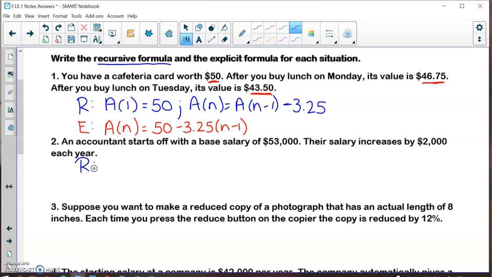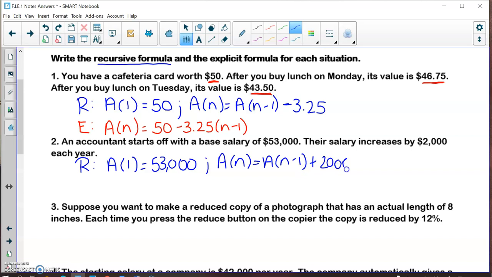So my recursive formula would be A of 1 is equal to 53,000, my starting value; A of n is equal to A of n minus 1 plus 2,000. My explicit formula would be A of n is equal to 53,000 plus 2,000 times n minus 1.